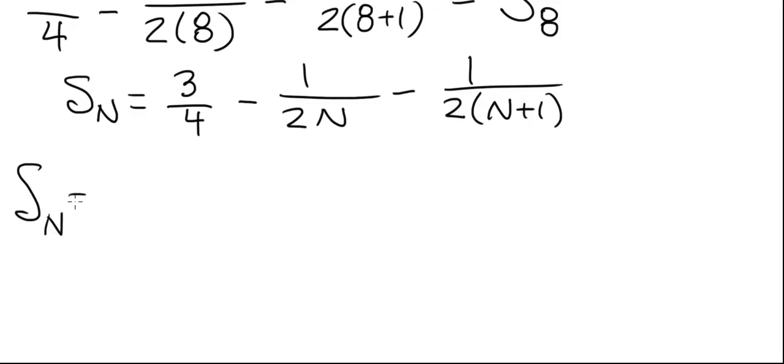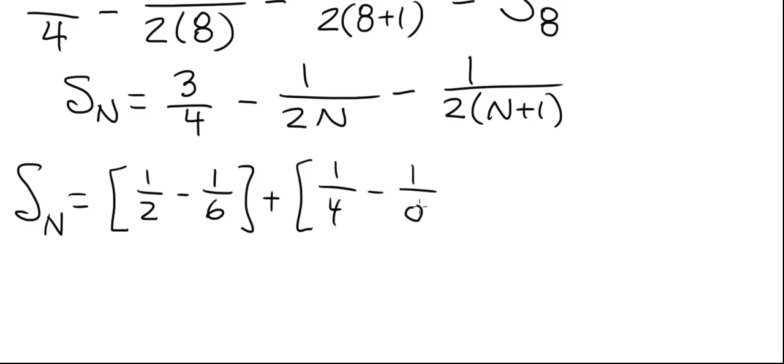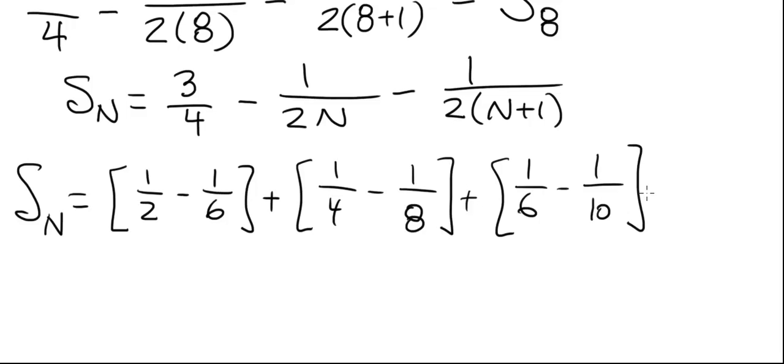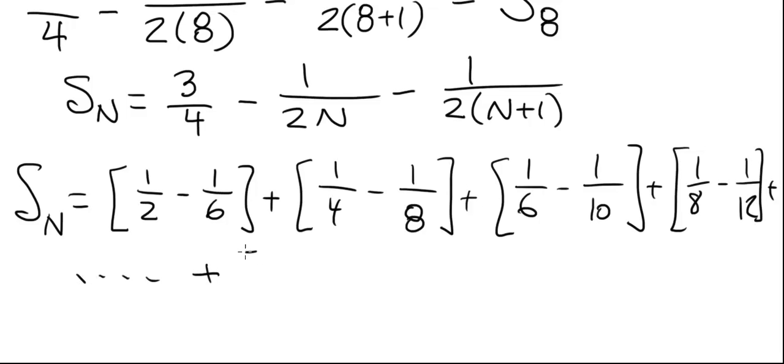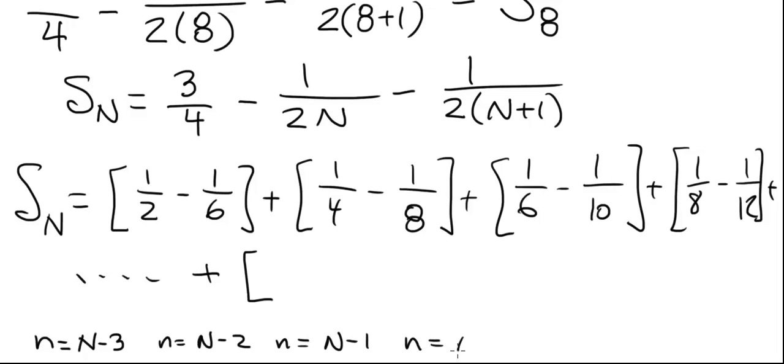So Sn will be, first we plug in 2 for n, that will be 1/2 minus 1/6 plus 1 over 4 minus 1 over 8 plus 1/6 minus 1/10 plus 1 over 8 minus 1 over 12 plus, and so on, until, let's say, we get to the following 4 terms: little n equals big N minus 3, little n equals big N minus 2, little n equals big N minus 1, and finally little n equals big N. So we want to add those terms and see what happens.